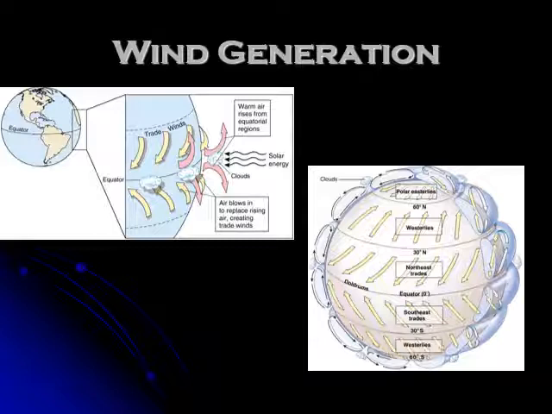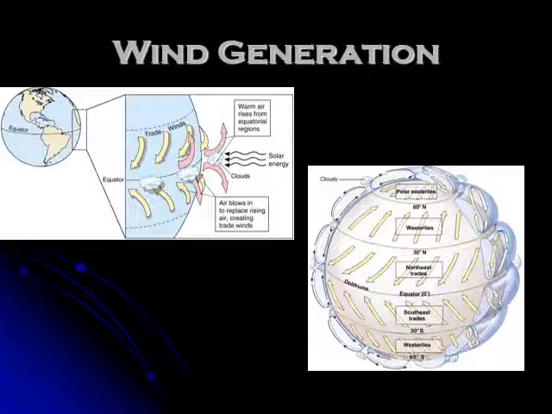The air rises at the equator, it's going to split, and it's going to split towards the North Pole and the South Pole. Now what's going to happen is this air is eventually going to sink at about 30 degrees north, and it's going to hit the Earth again. As it hits the Earth, it's going to then split towards the North Pole and the South Pole.